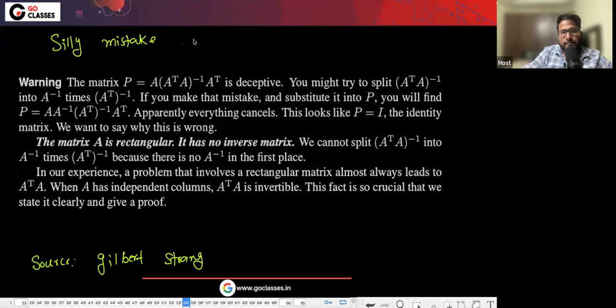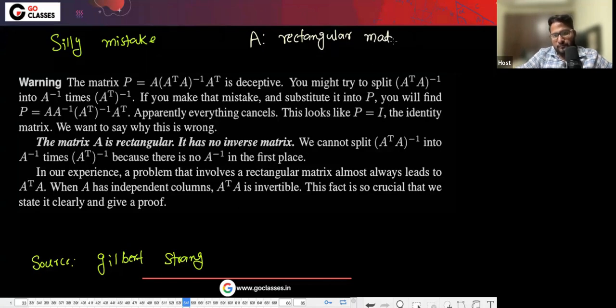Because A is a rectangular matrix, so the inverse need not exist. I mean, it is not even defined, basically.